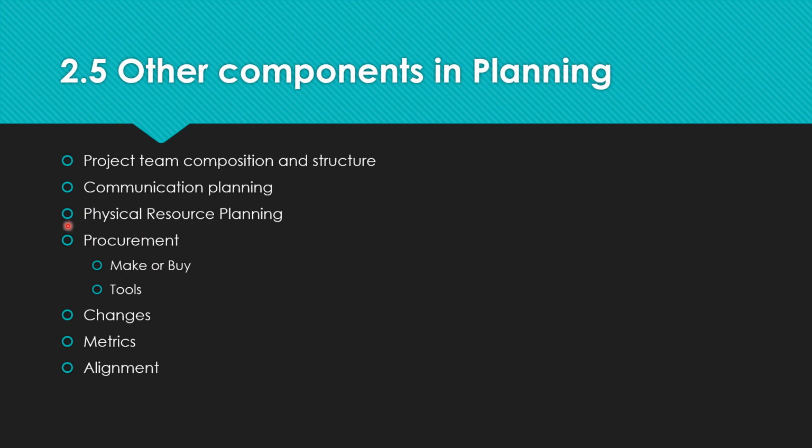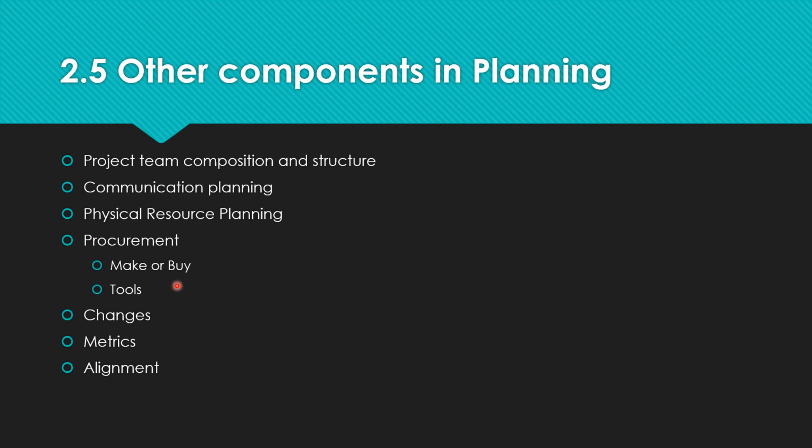Physical resources planning: how many laptops you need, how many facilities you need. So all those things you need to figure out. What are the physical resources you need, right? Then once your physical resources are estimated, you can go for procurement. Based on your resource planning, you can decide whether to make or buy, right? What is cheap for you, what is better for you, whether you have the competency to develop it within the cost.